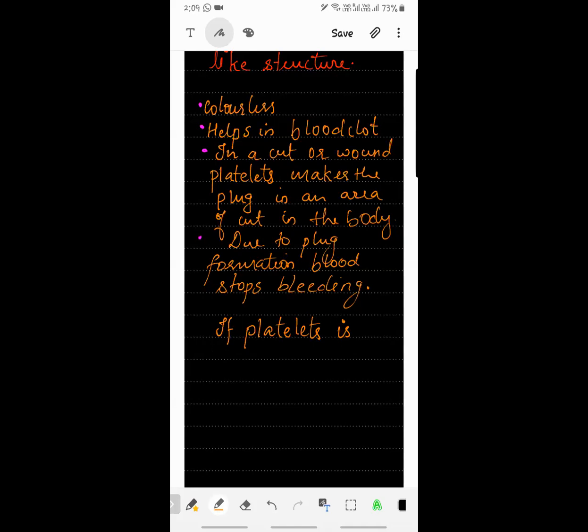No. Platelets make a clot that stops the bleeding.